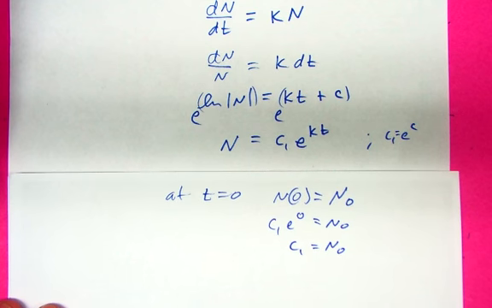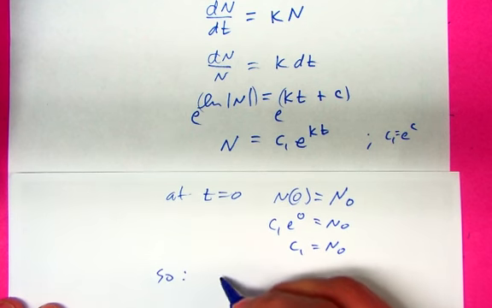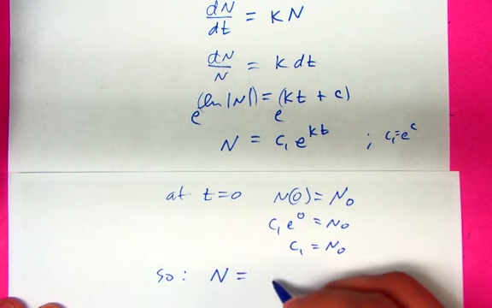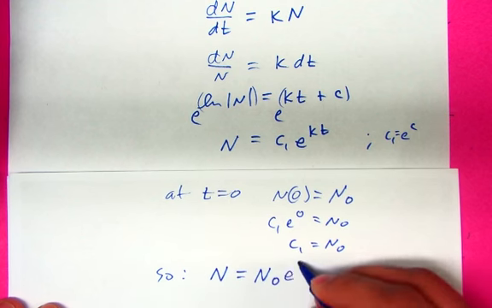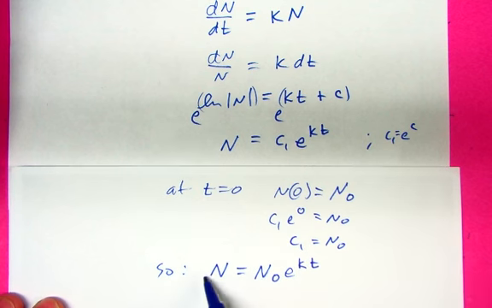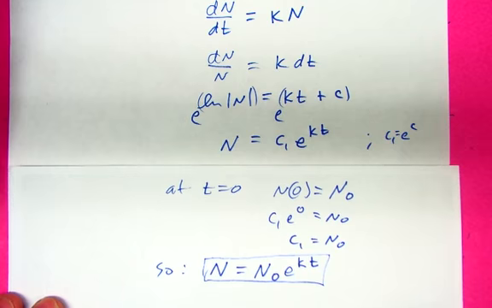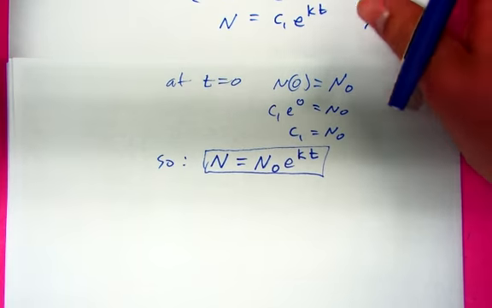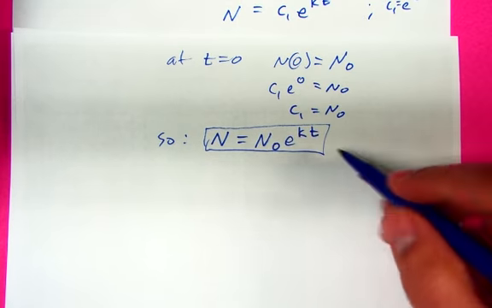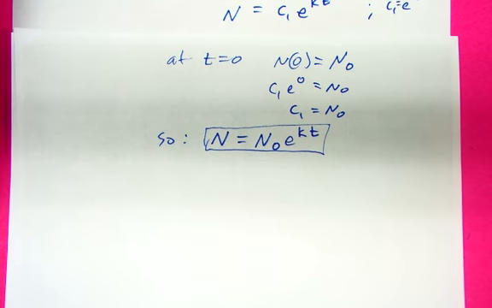So that means that the solution for this particular differential equation is N equals N naught e to the kt, which should look familiar. You've seen that before, right? It's the general growth law that you probably talked a lot about in pre-calc, and maybe last year even in calc.